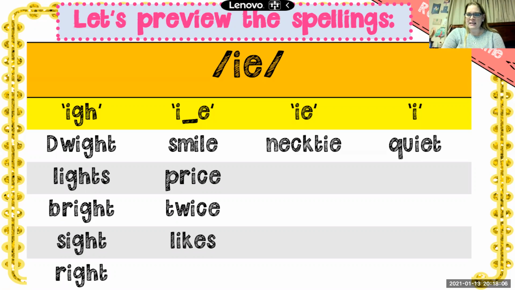We have the IE spelling in the word necktie, and the I by itself in the word quiet. Now, I know you look at that word and you're thinking, well, wait a minute, there's an I and an E together. But not really, because listen to the word quiet. You hear that E, which means it is not a blend together. You hear both separate letters, okay?